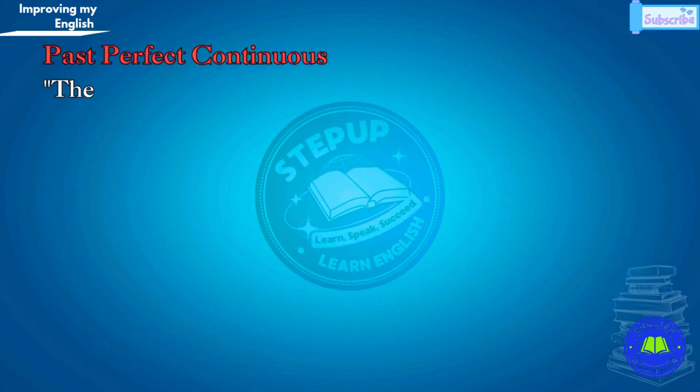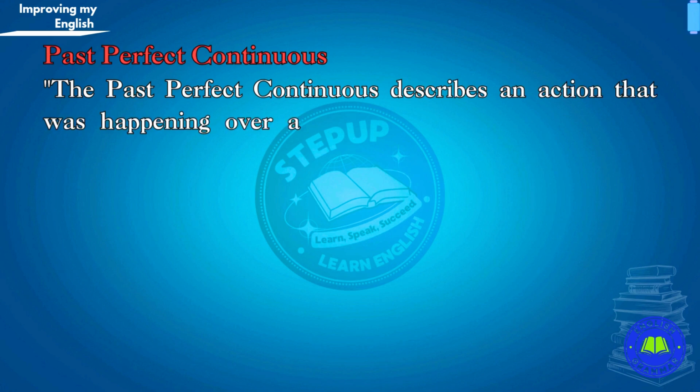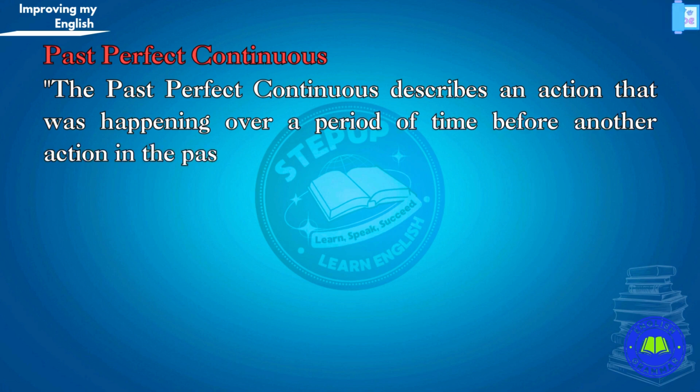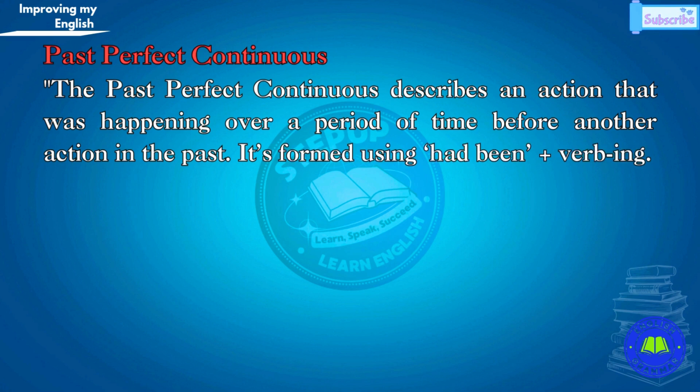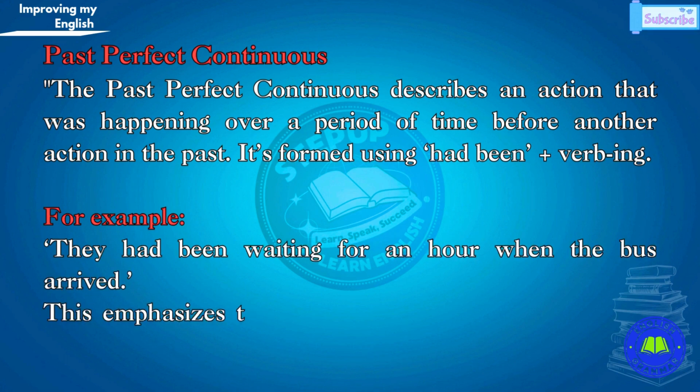Past perfect continuous. The past perfect continuous describes an action that was happening over a period of time before another action in the past. It's formed using had been plus verb-ing. For example, they had been waiting for an hour when the bus arrived.